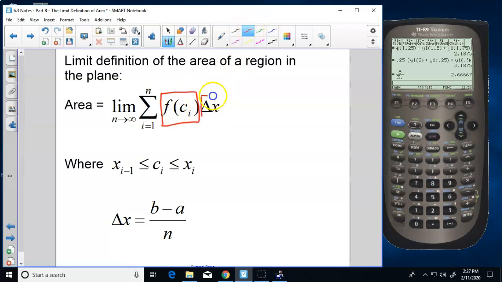This delta x right here is the width of your rectangle, and the width of the rectangle is b minus a over n. Like on the last problem we just did, 2 minus 0 over n.